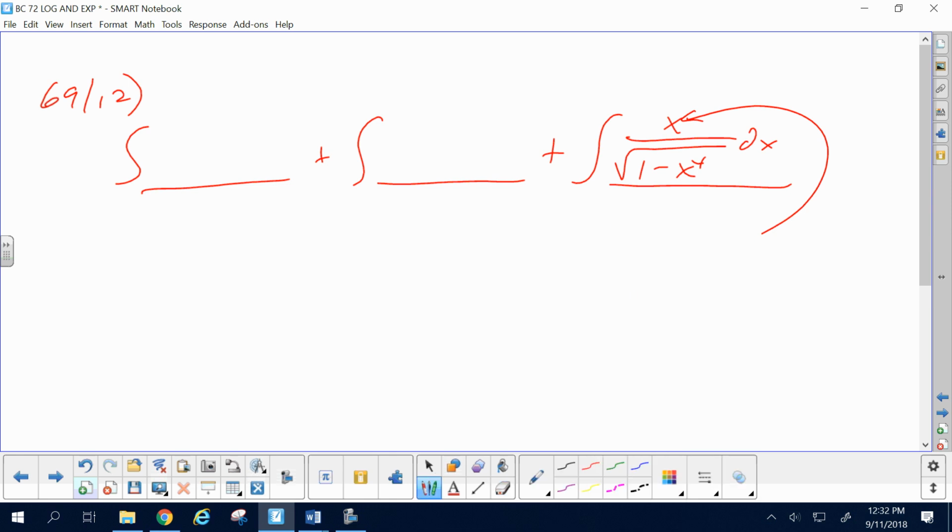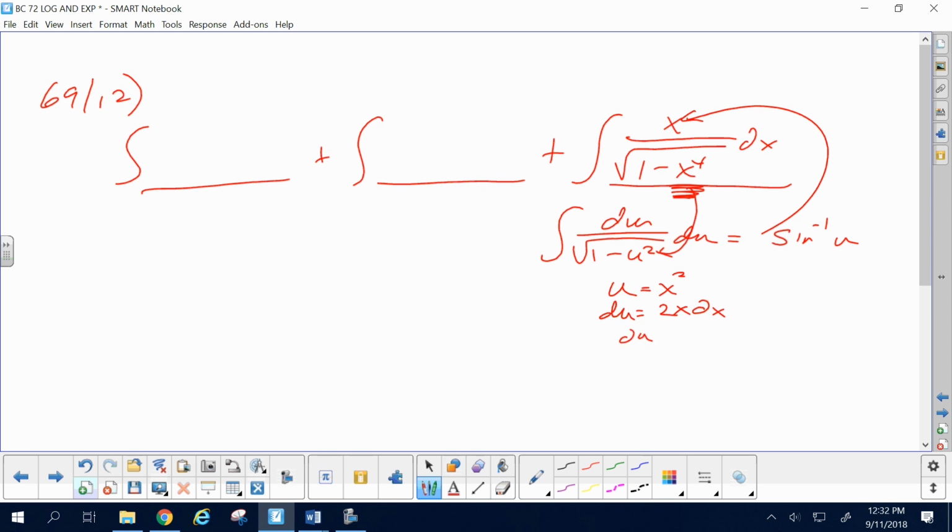I know that this is arc sine, or inverse sine. So the question is, can I make that happen? Well, u would have to be x squared. Now that feels like it's going to work because power-wise, I do have x to the first.